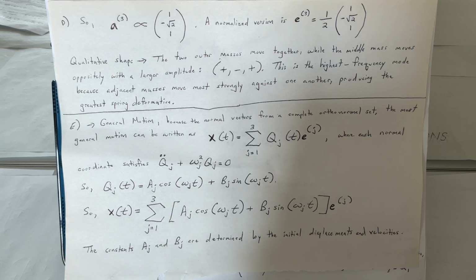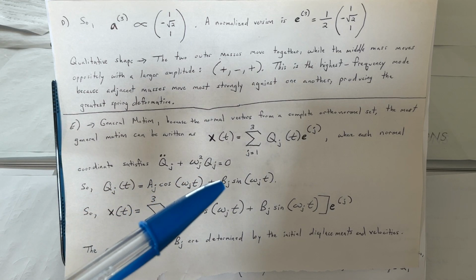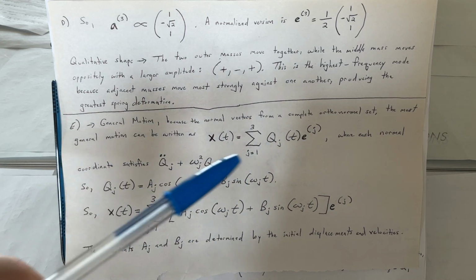So we get q sub j of t equals a sub j cosine omega sub j t plus b sub j sine of omega sub j t.